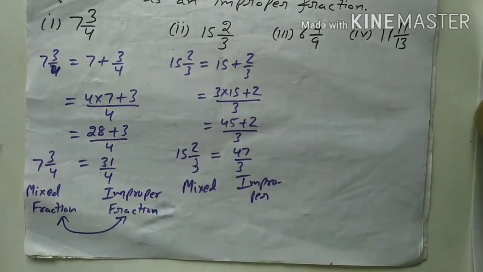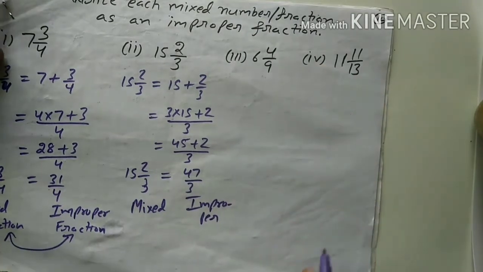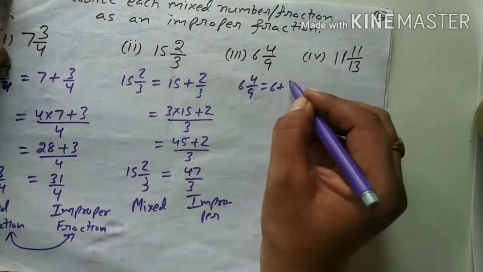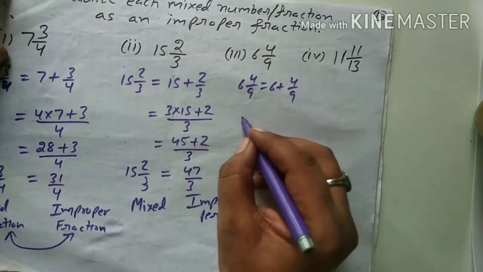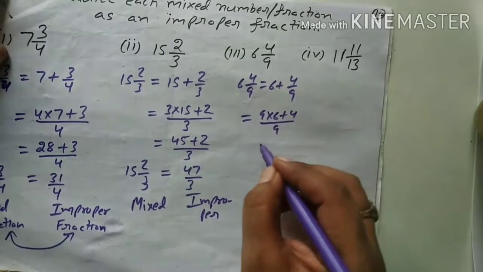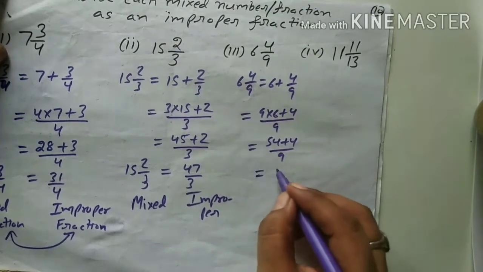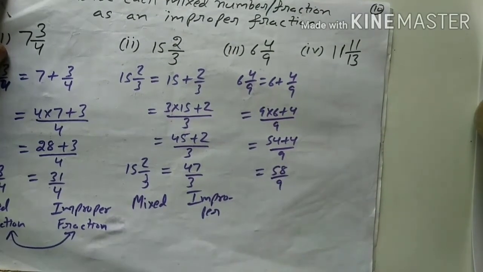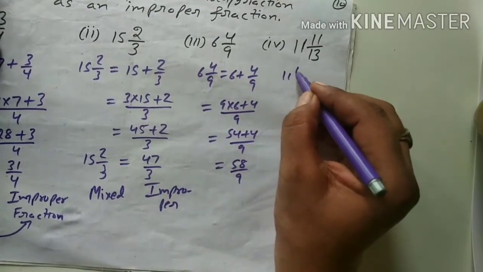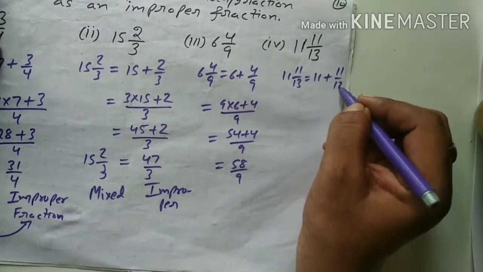Okay student, now in the same way we will solve the remaining two questions. Now 6 and 4 by 9 can be written as 6 plus 4 by 9. So 9 multiply 6 plus 4: 54 plus 4 by 9, that is 58 by 9. Okay, this is the answer, student. Now 11 and 11 by 13 can be written as 11 plus 11 by 13.